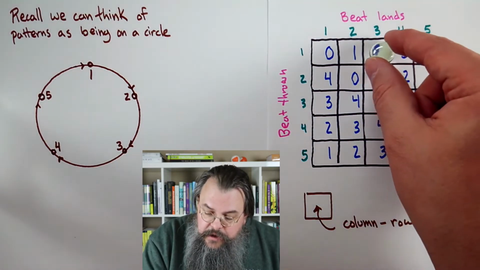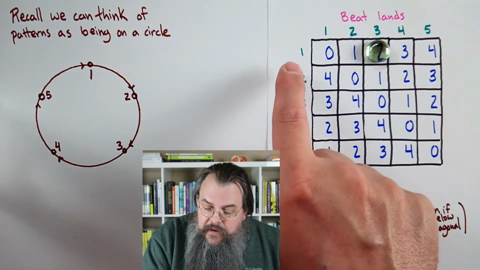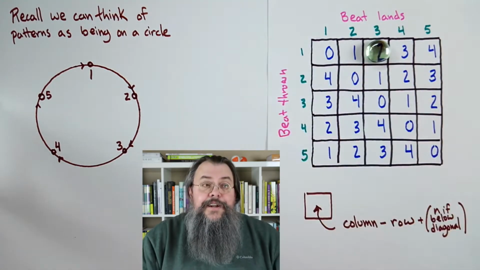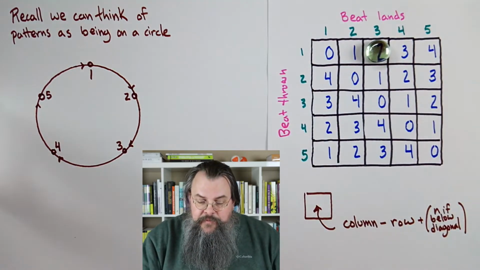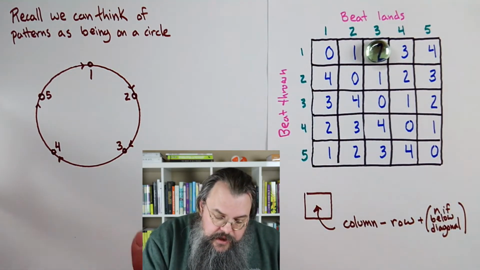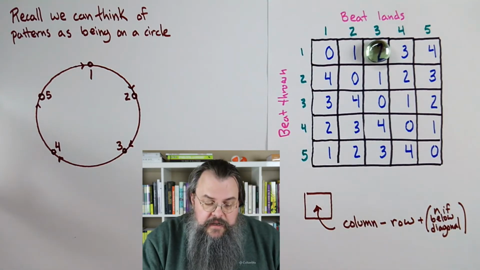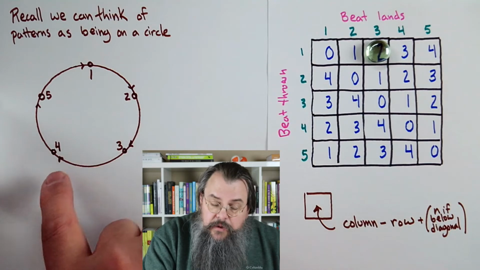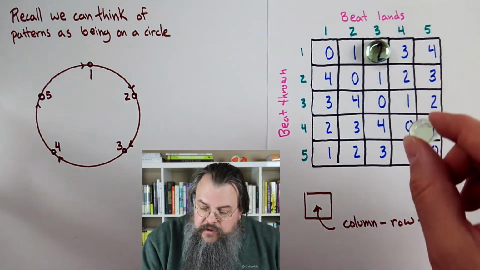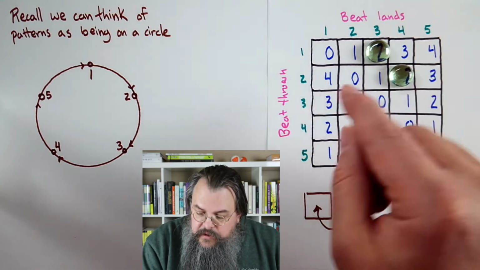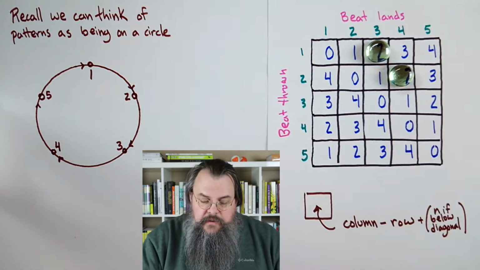So I could put a little marker here to indicate, okay, I threw it at time 1, landed at time 3. Great. All right, how about 2? Well, I can't have it land at beat 3 because there's already something landing there, but I could have it land at, say, beat 4, no problem. Okay, so I'll put a 2, 4. So that ball thrown at beat 2 lands at beat 4.